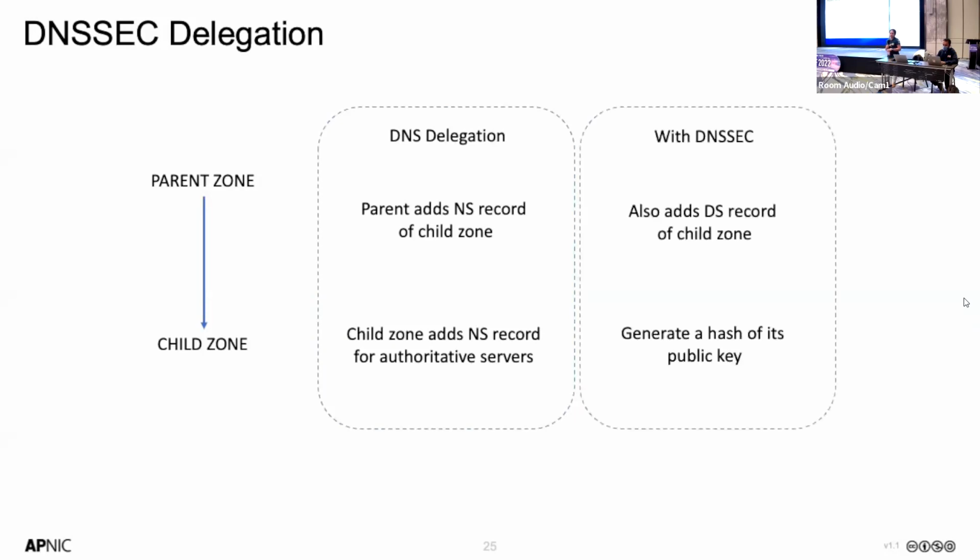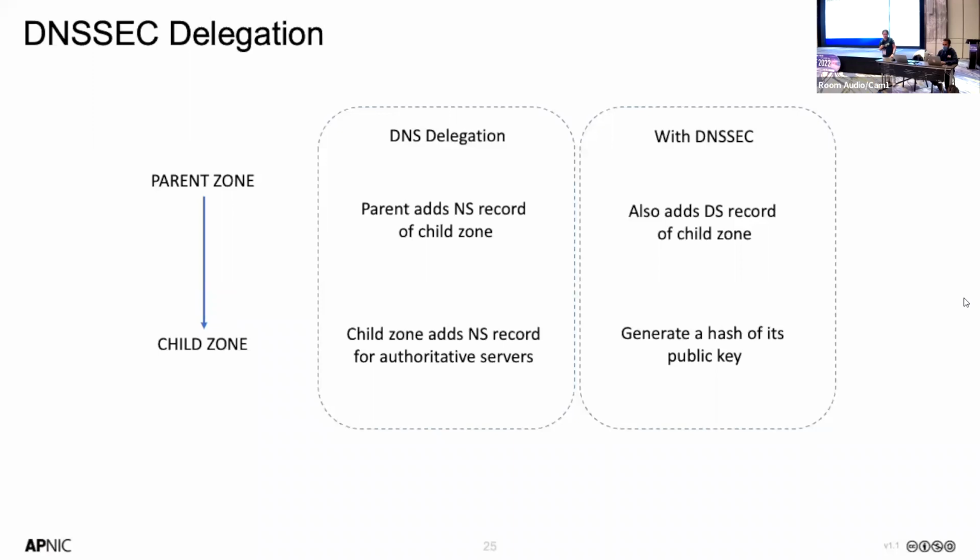But when you do DNSSEC, what changes? There's just an addition, right? Aside from adding the NS record of the child zone in the parent zone, you will also add a DS record of the child zone. That's going to be used for that link.